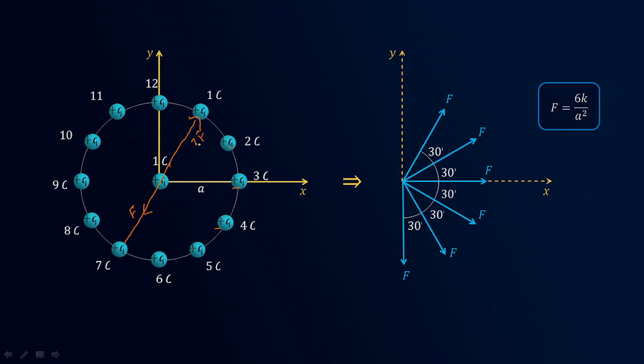Similarly for this one, we can simplify all. So if I consider this 6F as F, they have considered 6 times K Q1 Q2 by R square. Q1 Q2 is 1 only, so 1 square, it will become F. So here we have a total of 6 forces, F, like this. The angle we can see between them. So we can break them along the x-axis and y-axis, and then we can simplify.